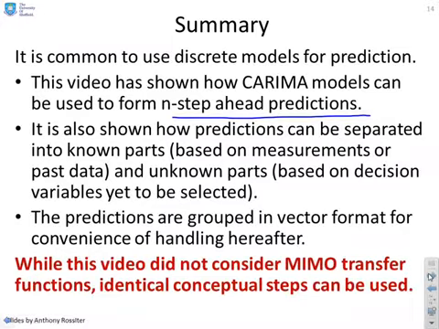Now, we did not consider multivariable transfer functions, but if you write your multivariable transfer functions in these difference equation forms, you can use identical conceptual steps, and you can indeed write down the predictions by inspection.